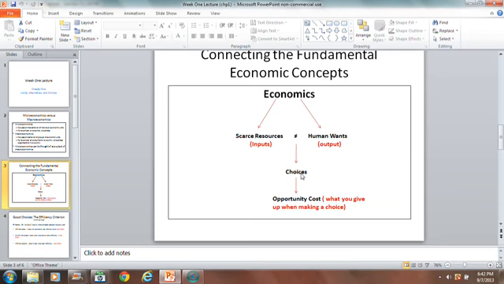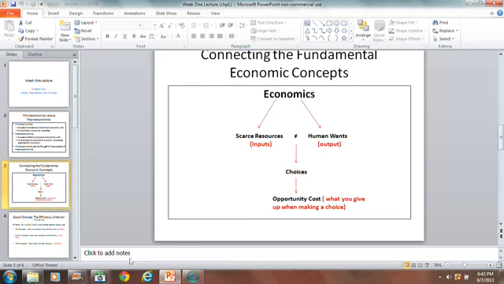So opportunity cost looks at what you give up when you make a choice. We have to make choices because of the limitation on resources. Because we don't have enough inputs, we can't have everything we want, and so we have to make choices. Economics helps us to make good choices. Opportunity cost simply looks at what we give up when we make a choice.